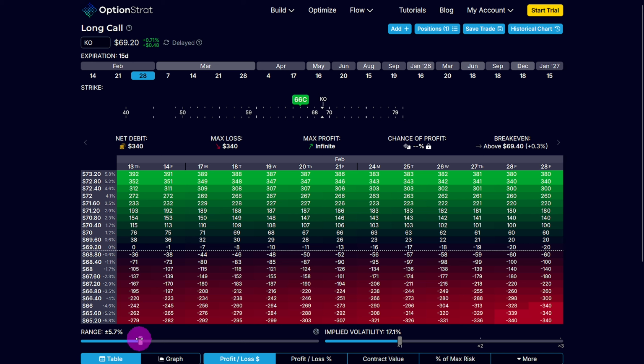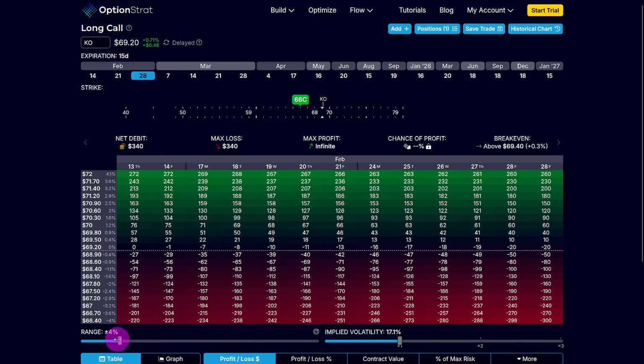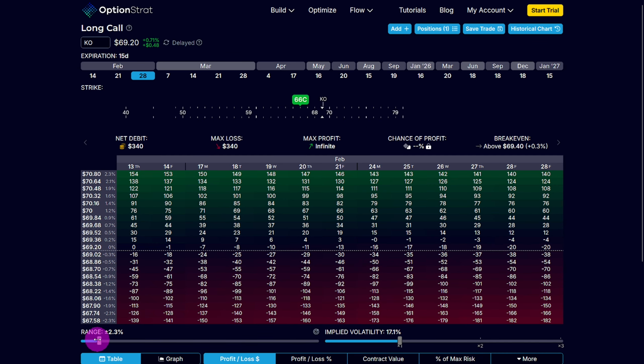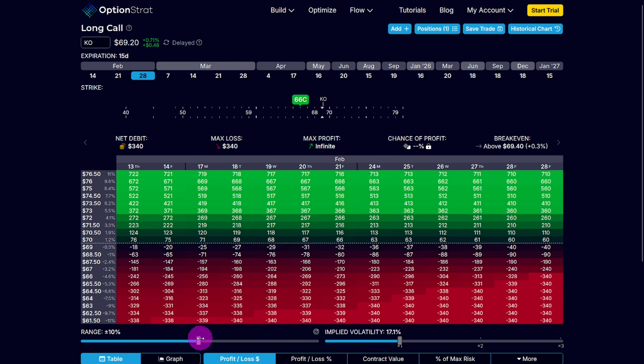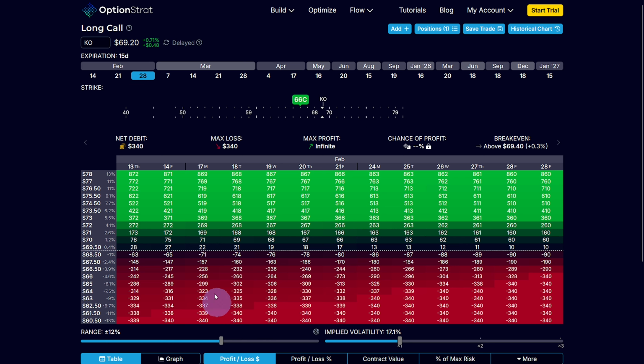You can use this slider to give a different range. If I wanted to see a smaller range, or push this all the way over and see what would happen with my contract if the stock ended up being $68, you can see that it would be $860 at expiration. This is a great tool to determine what should happen day by day to your option contracts.